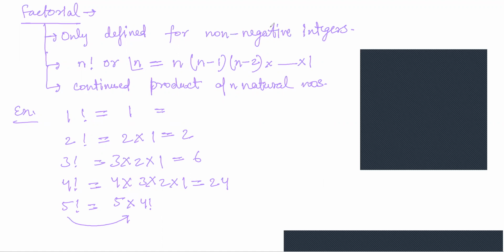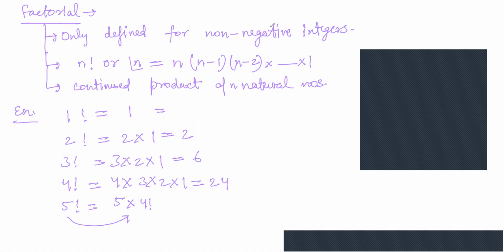Yes, because 5 factorial is nothing but the product of all the natural numbers up to 5. So if I write 4 factorial, which is the product of the first 4 natural numbers, and multiply it with 5, it will become 5 factorial.